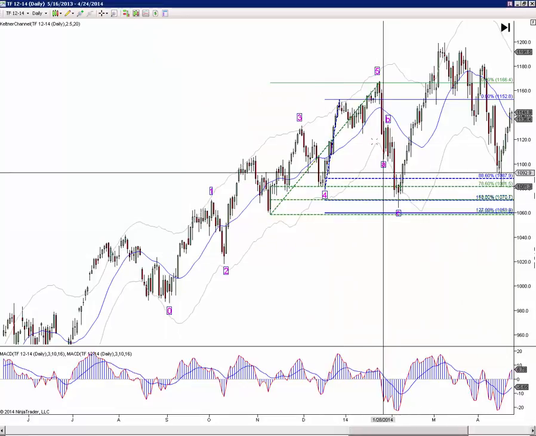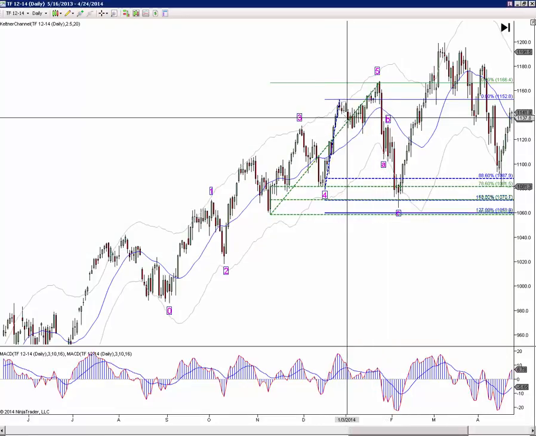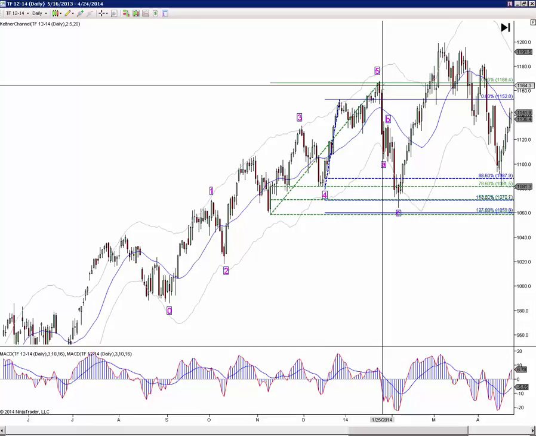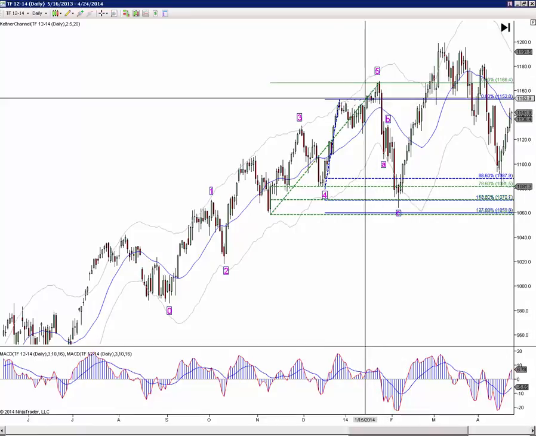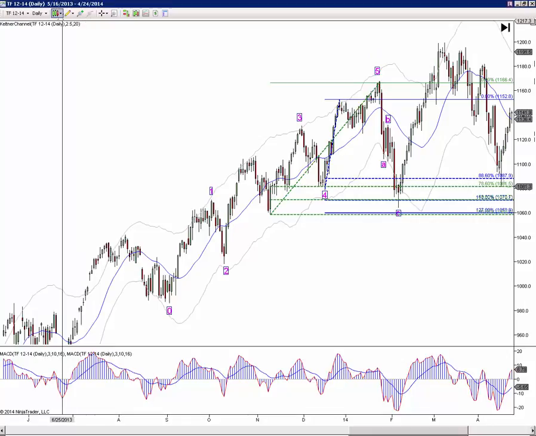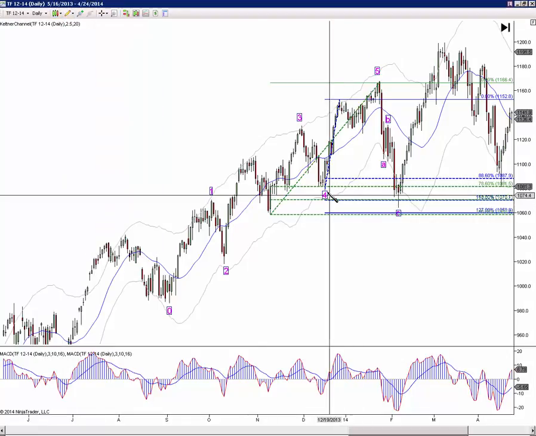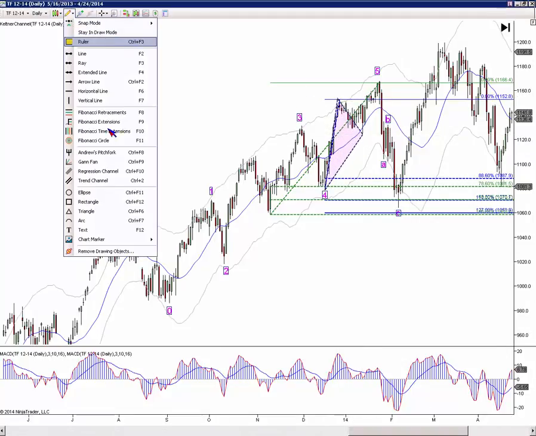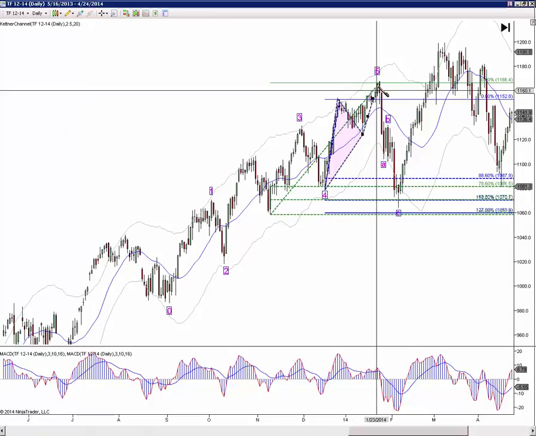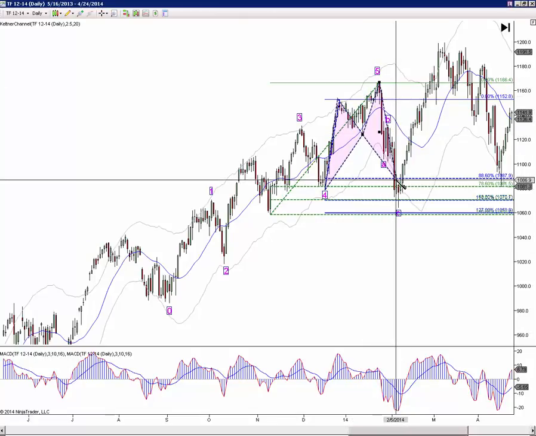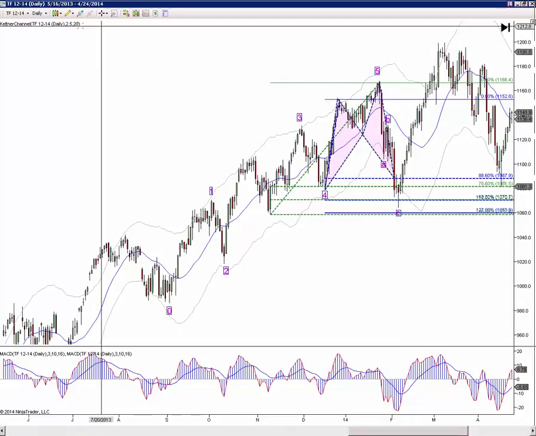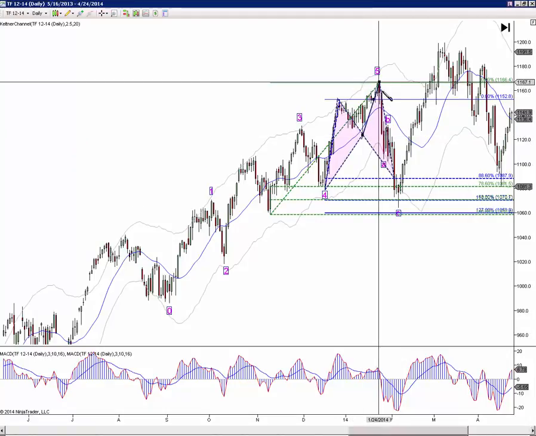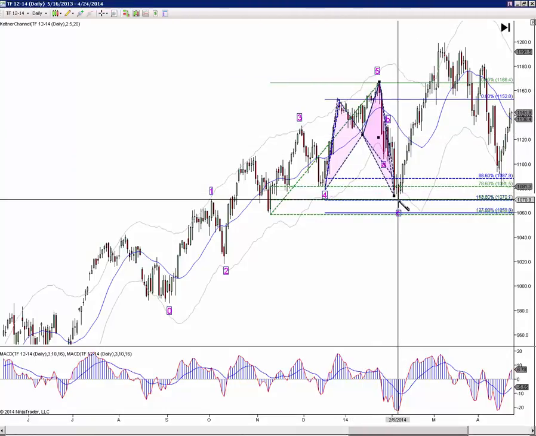Okay, so what we're doing is drawing out these ratios. I'm also going to draw another one in from this high. But on this particular pattern, what we're looking at is the shark pattern. You're looking at here to here.